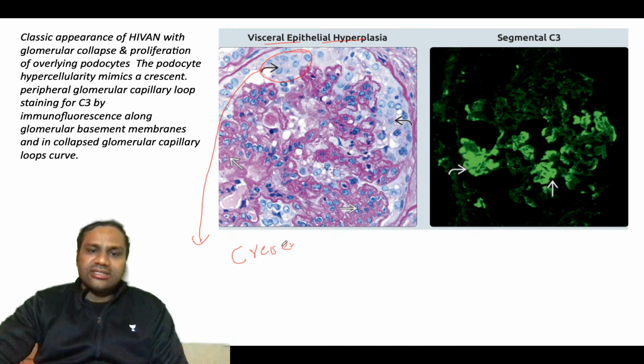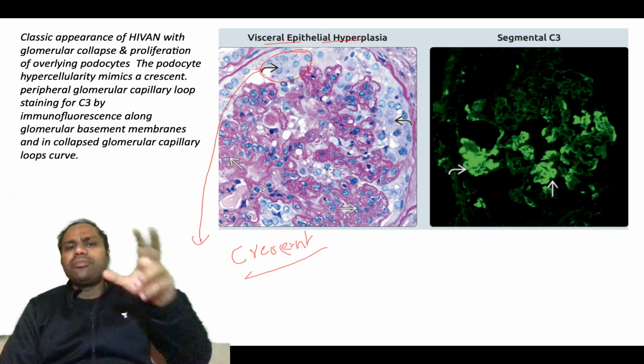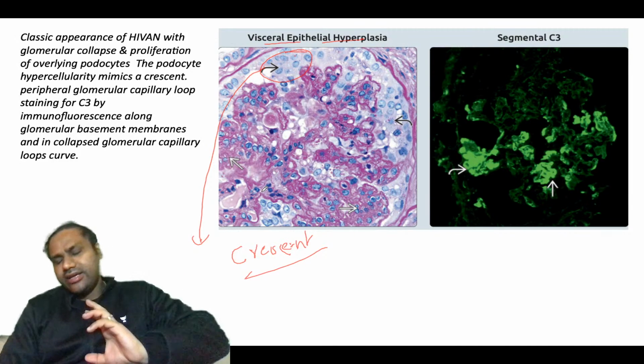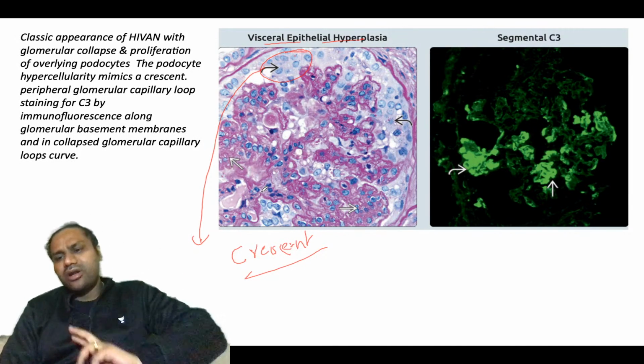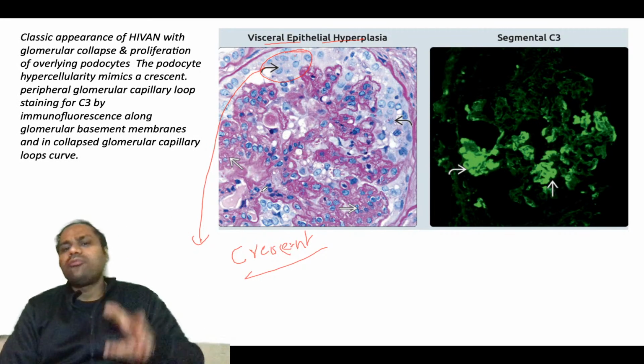A crescent is basically at least two layers of cells formed between the endothelium or basement membrane of the glomerulus and the parietal layer of Bowman's capsule.